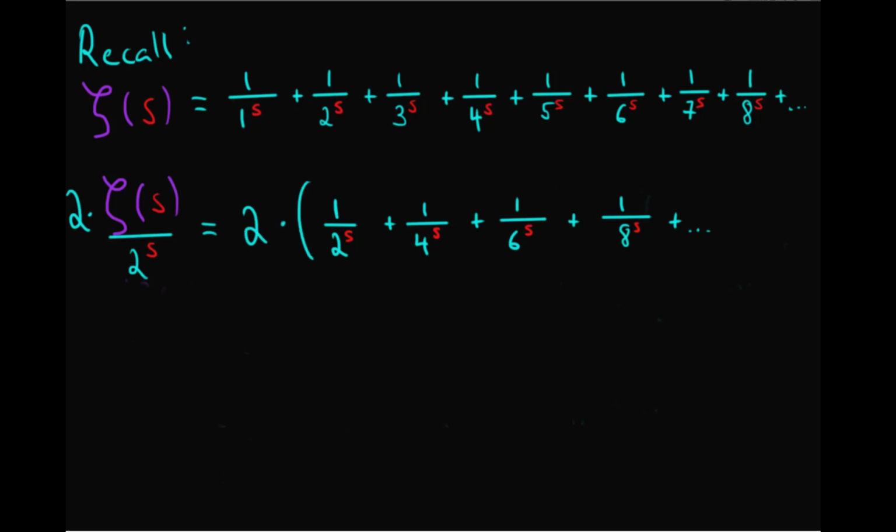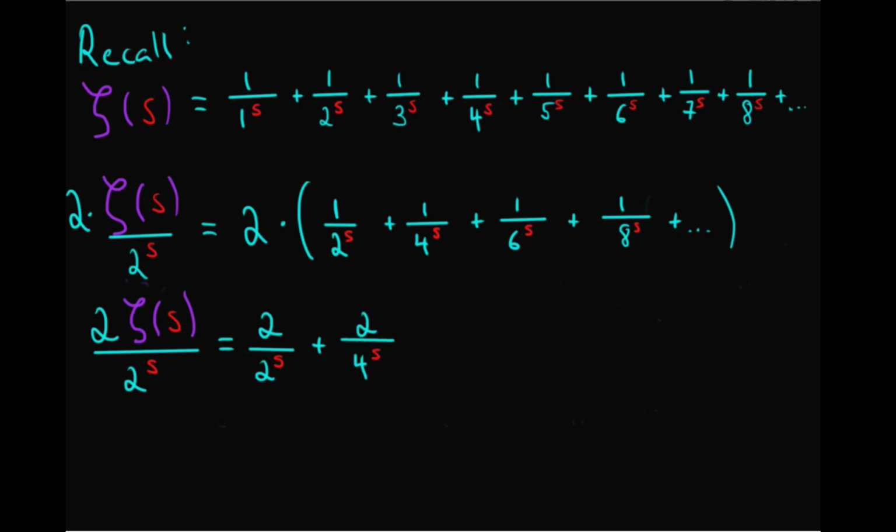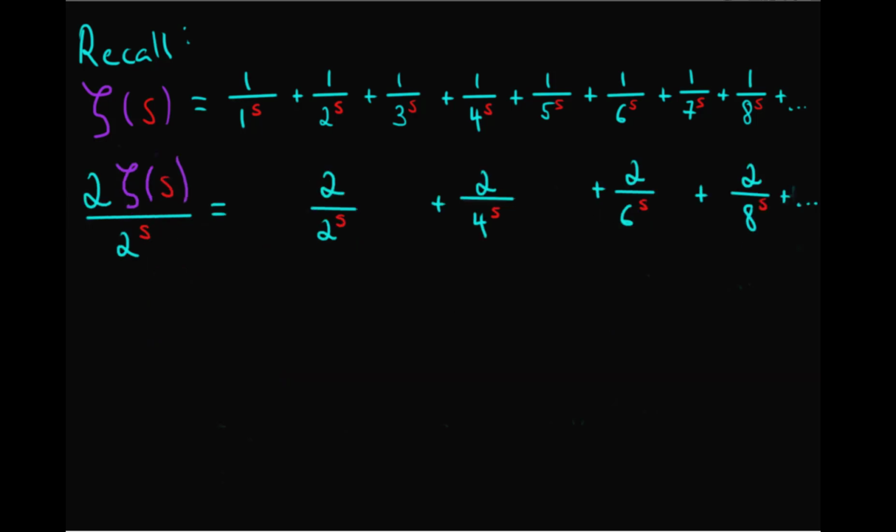So it's 2 times (1 over 2 to the s plus 1 over 4 to the s plus 1 over 6 to the s plus 1 over 8 to the s plus ...). So then when I distribute, I get 2 times zeta of s over 2 to the s equals 2 over 2 to the s plus 2 over 4 to the s plus 2 over 6 to the s plus 2 over 8 to the s and so on. So I'll move that equation to the second line on the screen here.